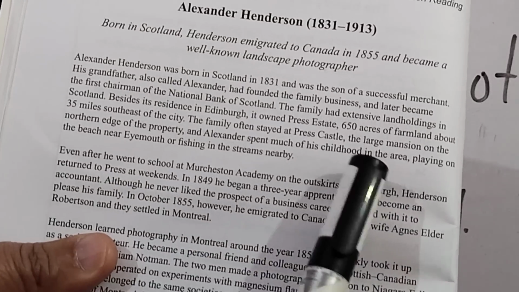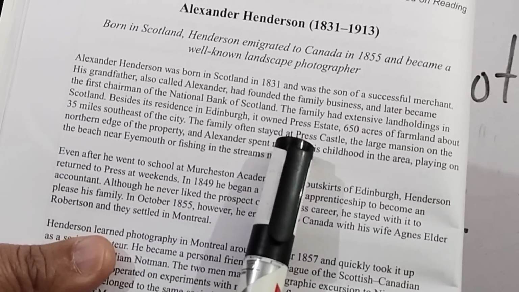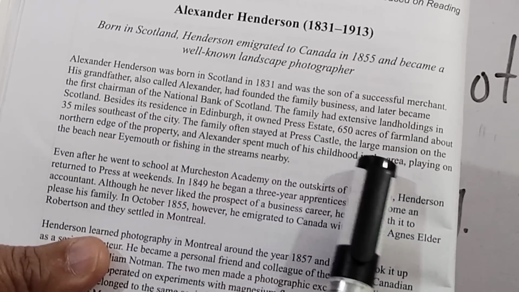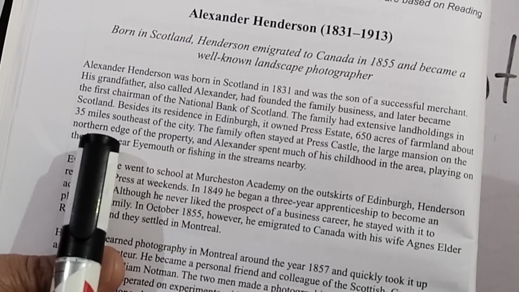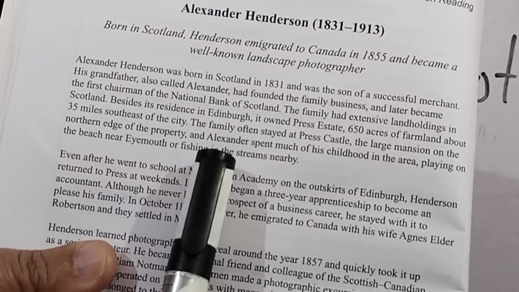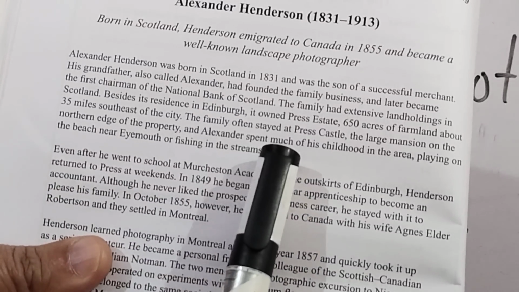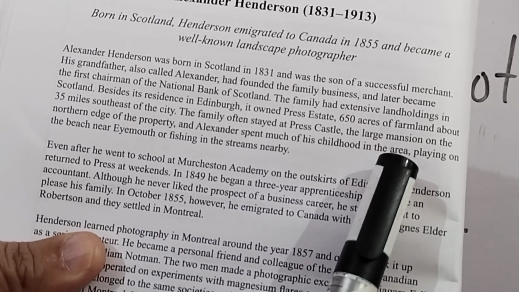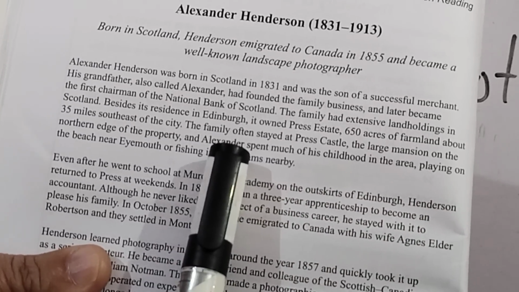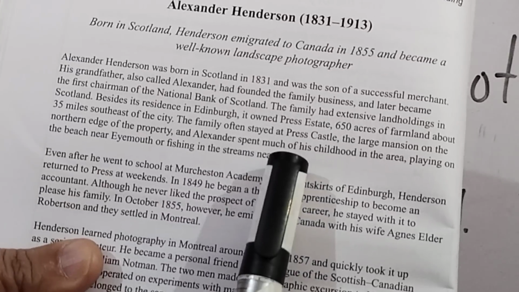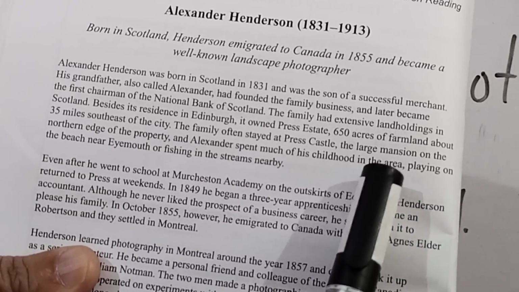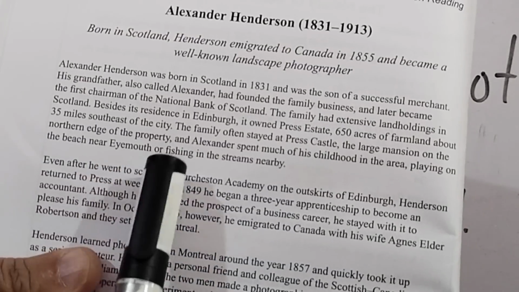Now look here. The family often stayed at Press Castle, the large mansion on the northern edge of the property, and Alexander spent much of his childhood in the area. Alexander means Alexander Henderson. Spent much of his childhood in the area playing on the beach.